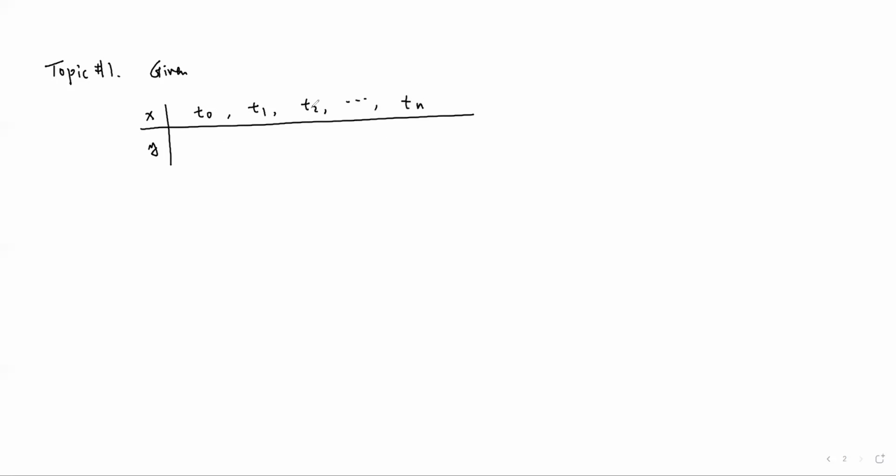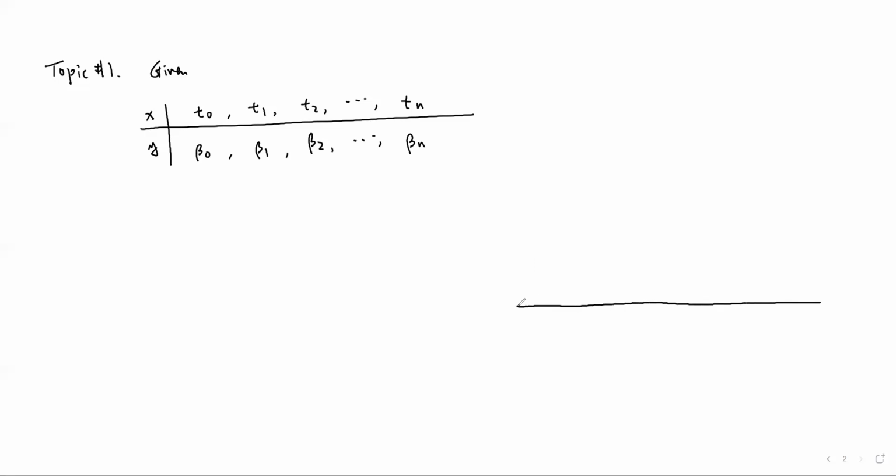Corresponding to the knots, I specify some values: beta 0, beta 1, beta 2, and beta n. The beta values are not the values of some function. Let me draw a diagram about these points.